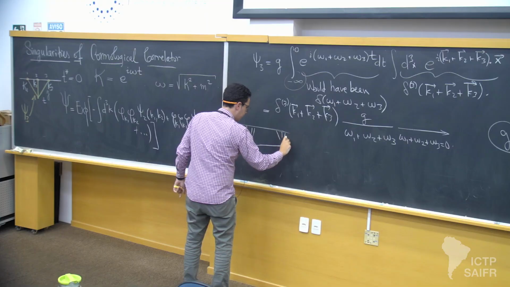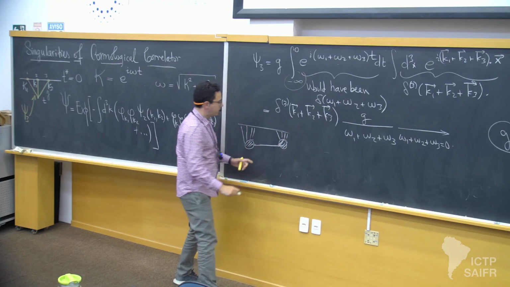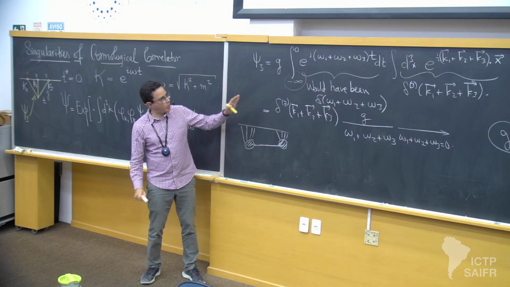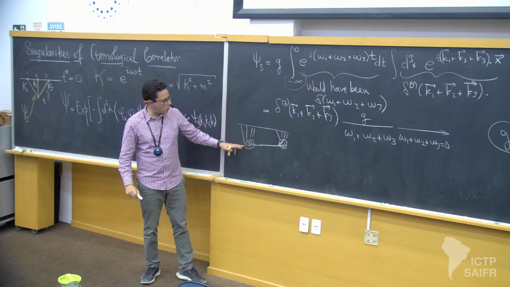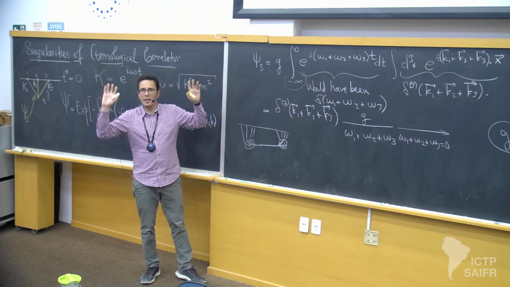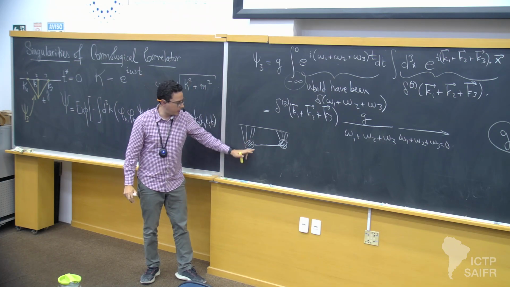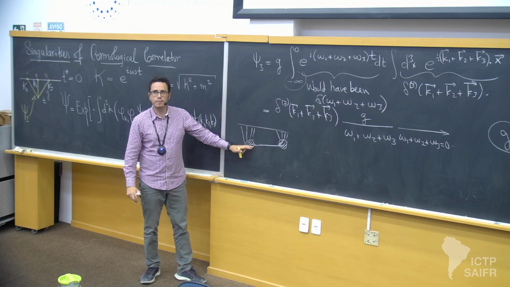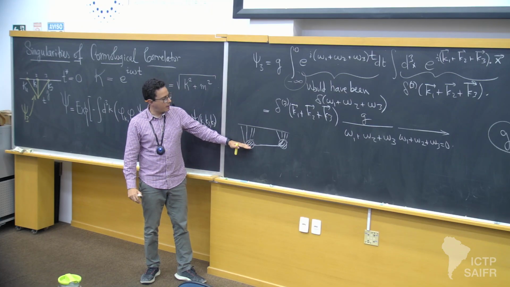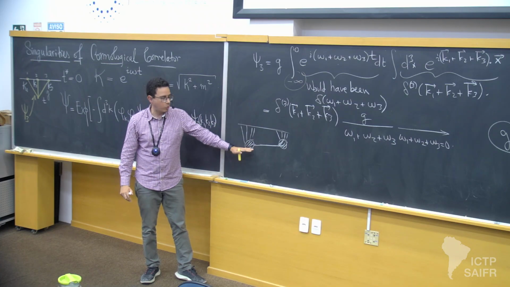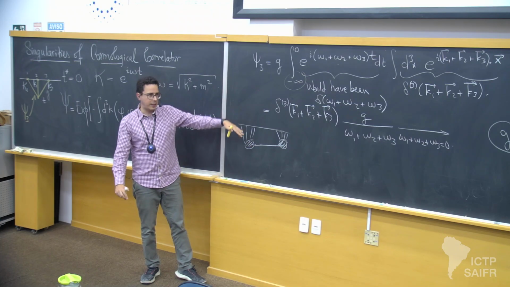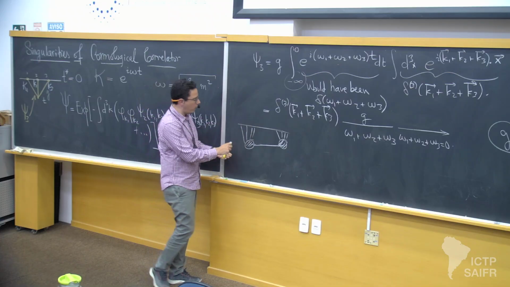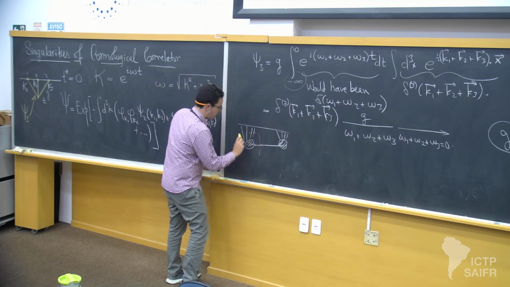Then you can change all the time coordinates, go to the center of mass frame, there's one time that is common to all of these propagators, and then argue that what multiplies that time is the sum of the energies that flows into the blob. So when you send this sum to 0, you send the whole process to the past.